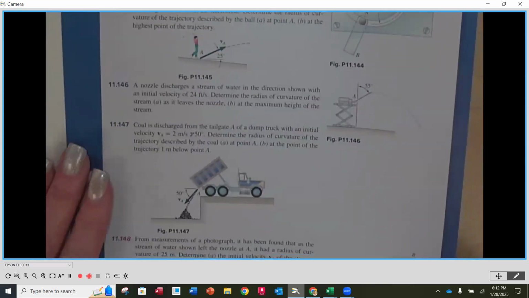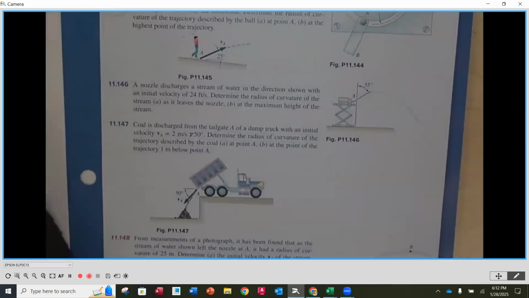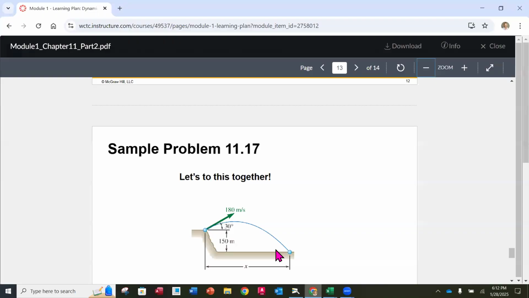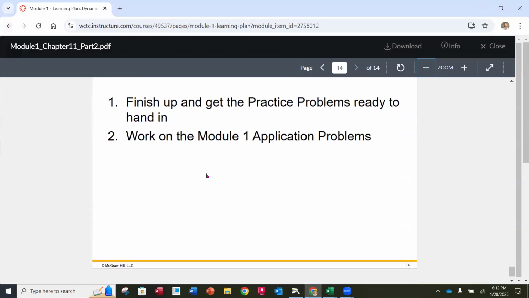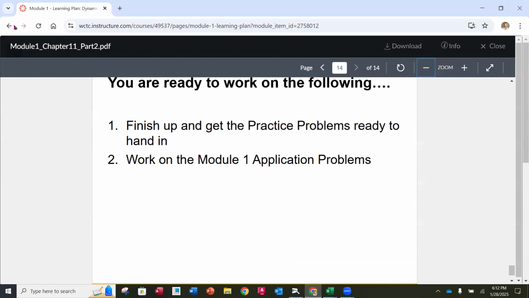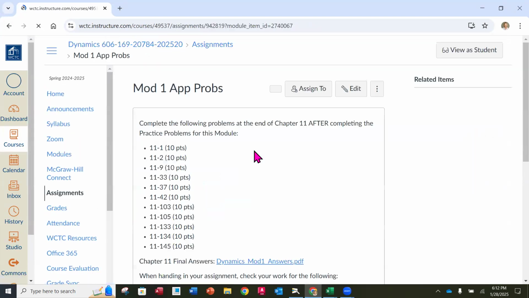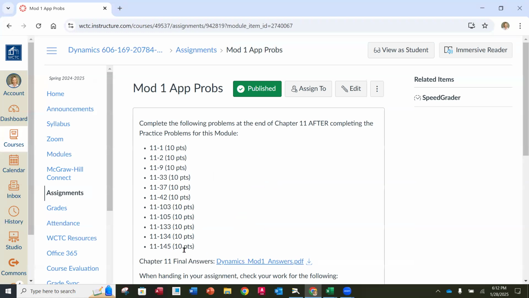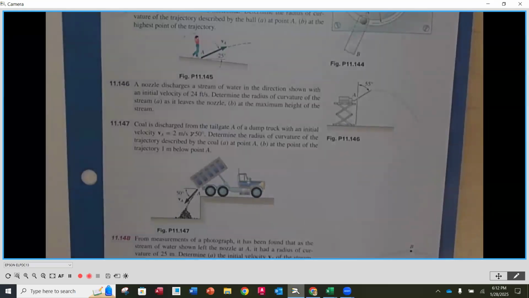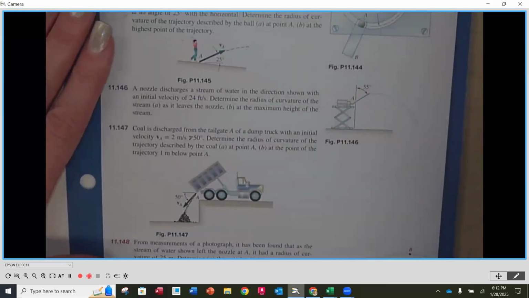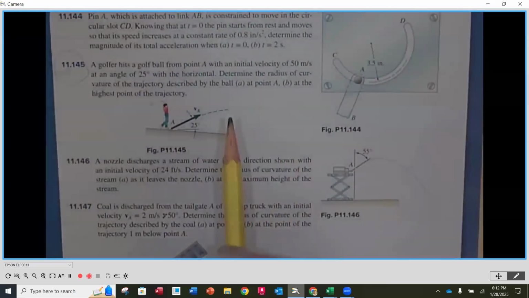And this one, I do that one. Let me just peek back because now I have it worked out, but I just don't want to say something I changed my mind on. Let's look at the application problems really quick. Oh yeah, 145. Okay, just wanted to be sure. So the last one here, 145, you have a golfer that hits a golf ball, okay?